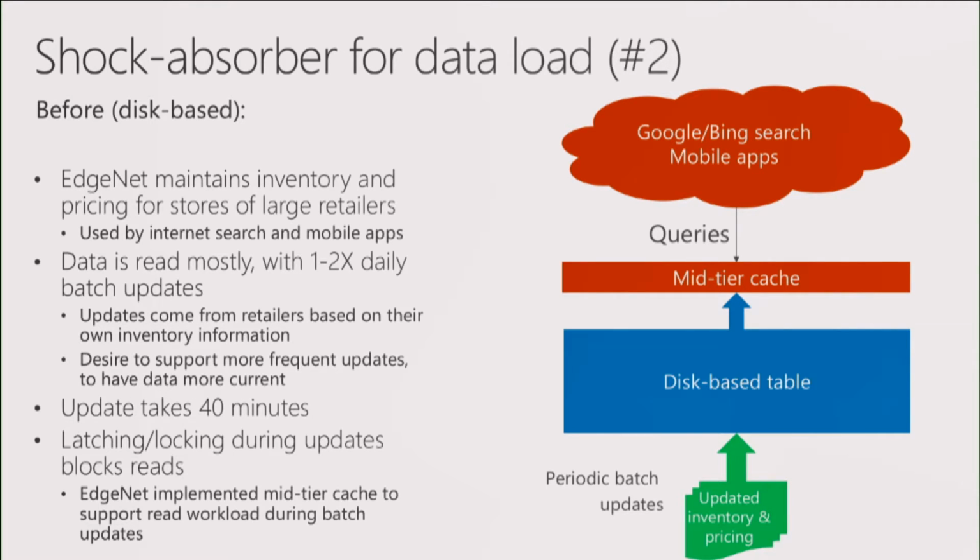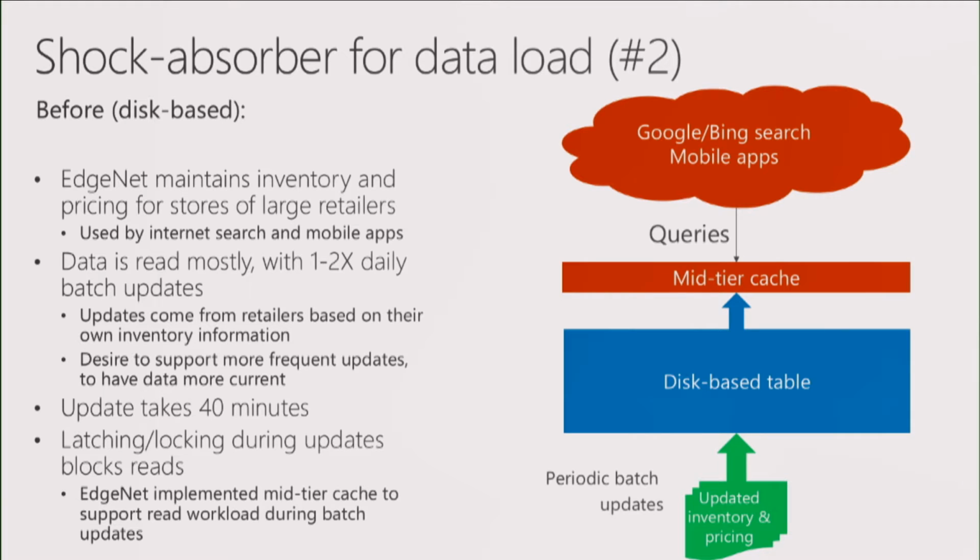But the actual update with disk-based tables would take 14 minutes, a really long time because of all kinds of contention. And also because of the contention, the latching and locking during the data load, the queries would run very, very slow. So from a query workload point of view, the data would not be available.